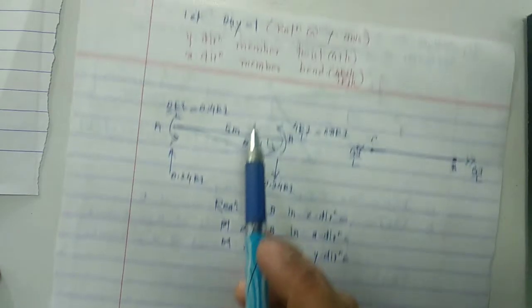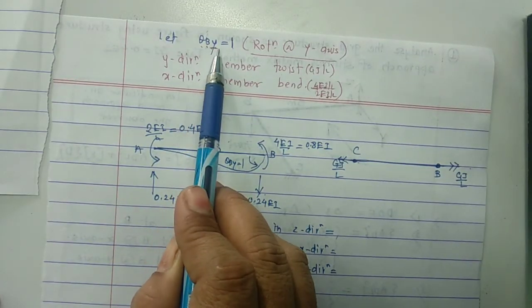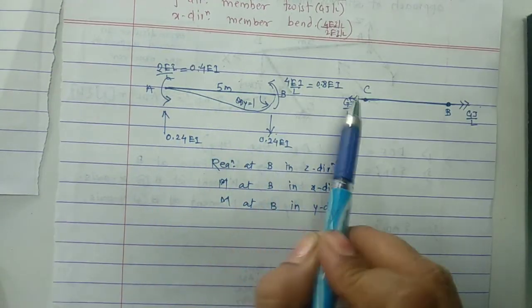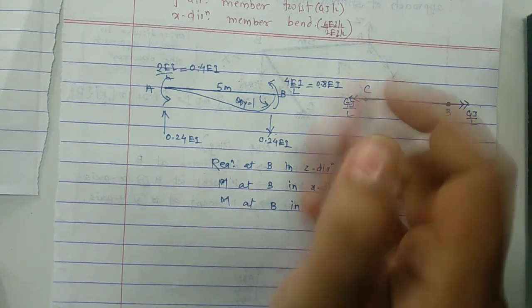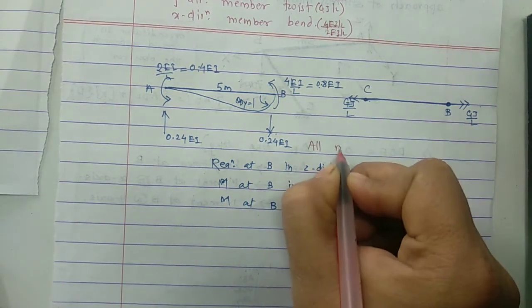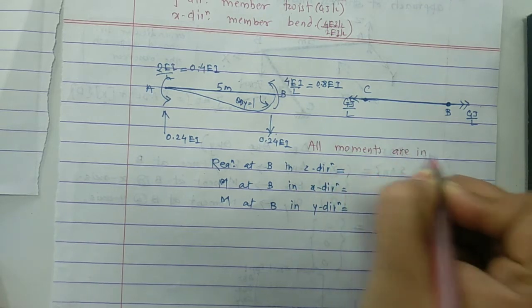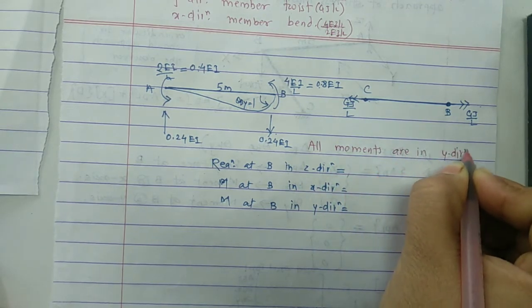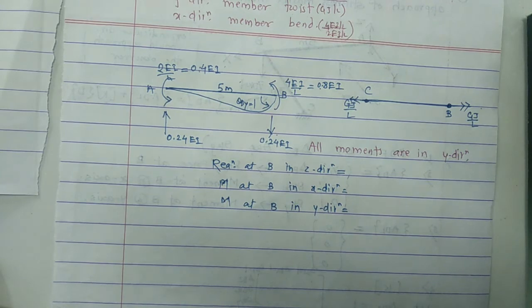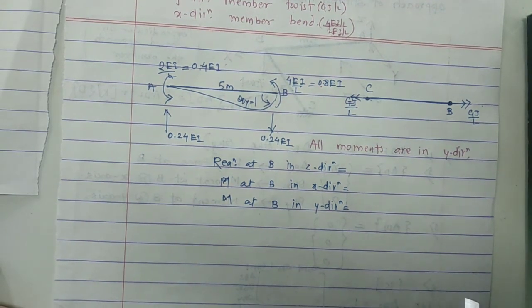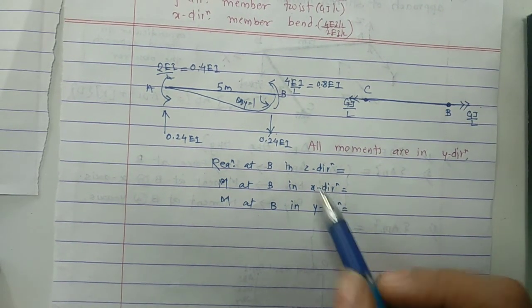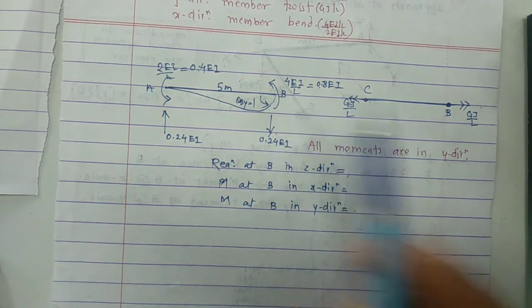Here, as the rotation is applied in Y direction, all moments are in Y direction, along Y direction, about Y direction, same meaning. So write down these 3 points according to these figures.